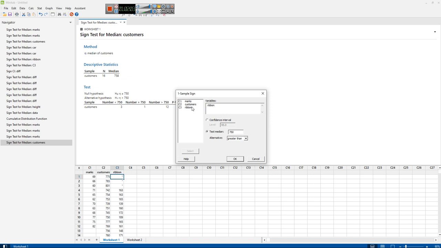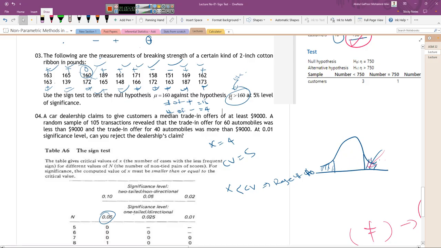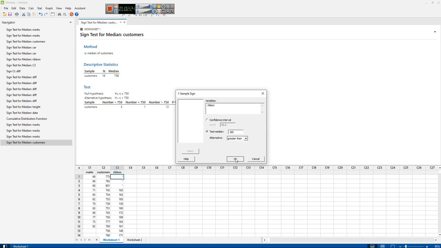I have to consider the ribbon variable and the test median is 160. They have actually given the median as mean, mu. Okay, that's not an issue. And our alternative hypothesis was greater than, okay.